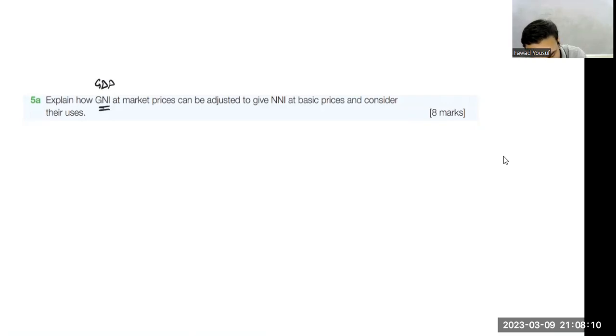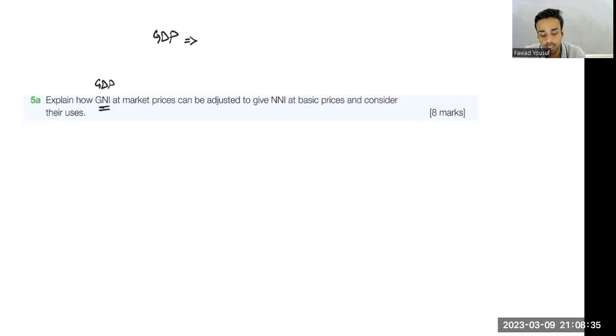So let me do this up here. So GDP, as we already know, stands for gross domestic product, which is basically the total value of output produced in an economy. It includes all domestically produced goods.